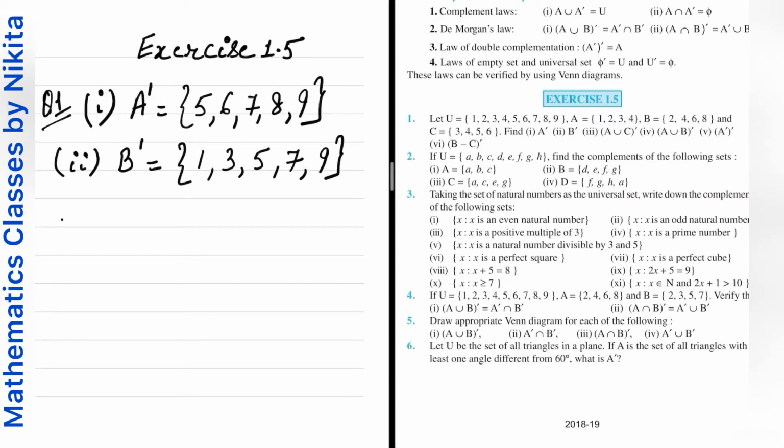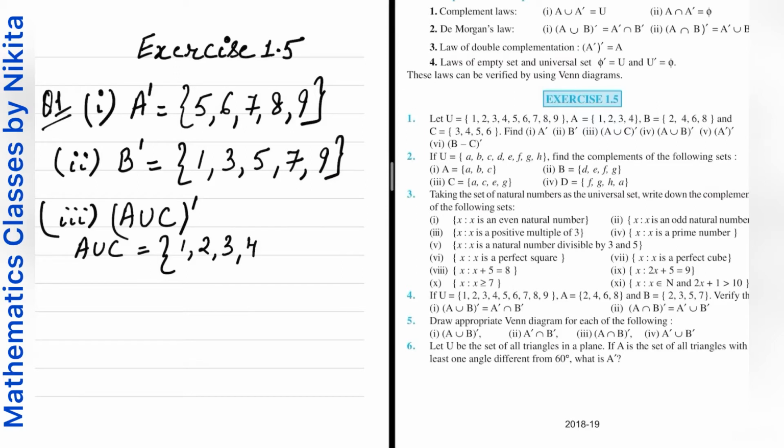Okay, now next we have to find what is (A union C) whole complement. So for this, first let us find what is A union C. A union C will be, write all the elements of A and then write all the elements of C, but keep in mind that the elements which are common should be written only once.